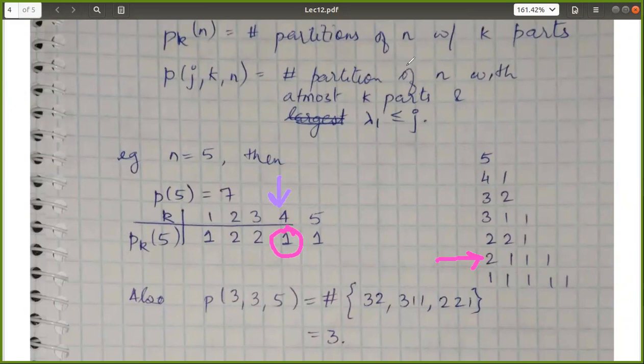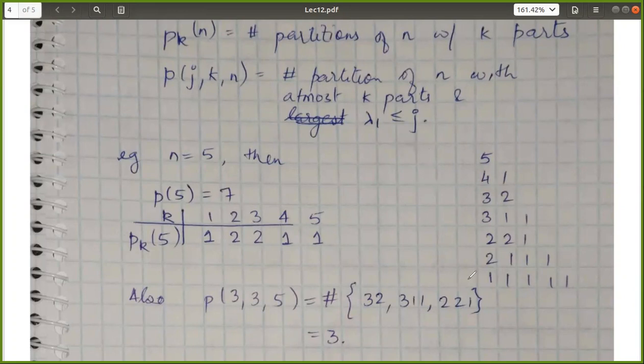Now, another thing, if I ask you how many partitions of n are there with exactly one part? 1.